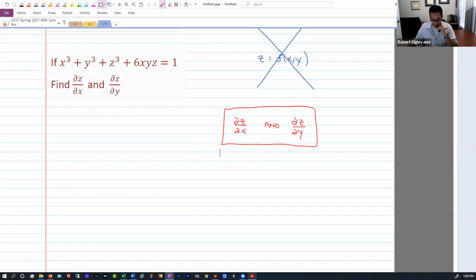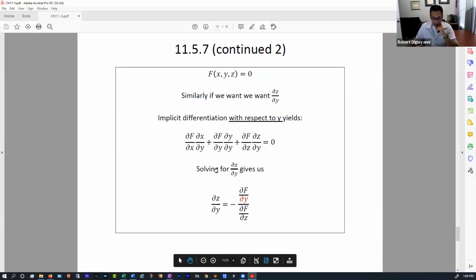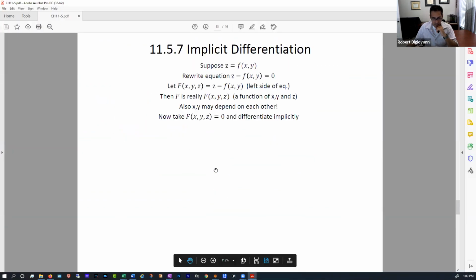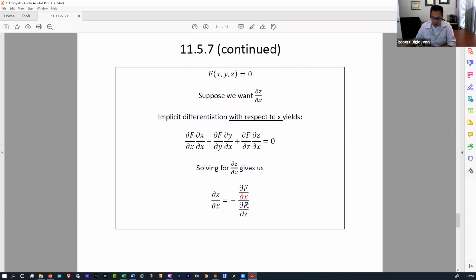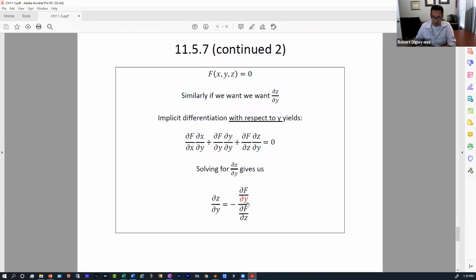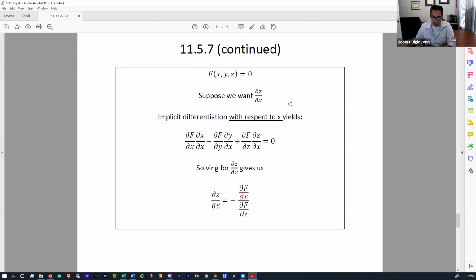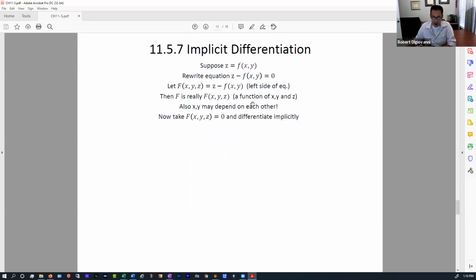Going back to the notes, it says that if you know that z is a function of x and y, we rewrite the equation so that we get basically everything on one side equal to 0, all right? And then we apply this formula and this formula, right? And remember, the whole left side is our capital F function.